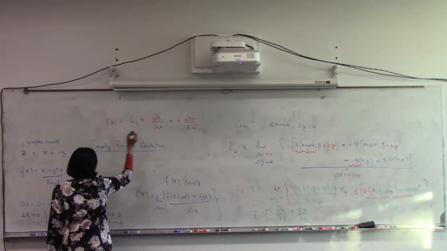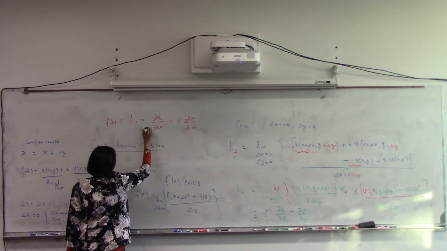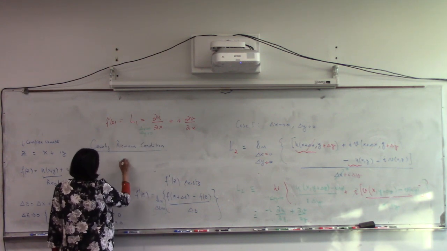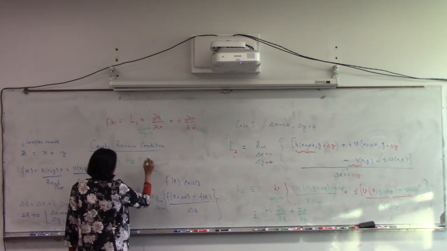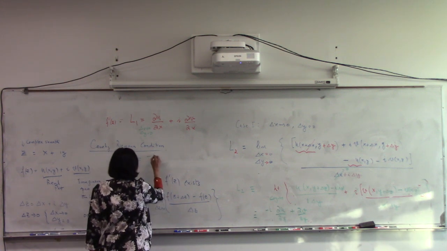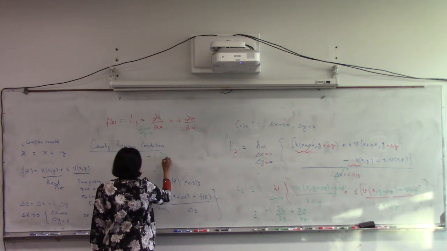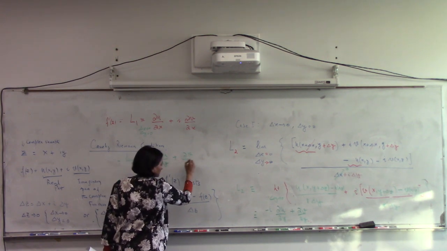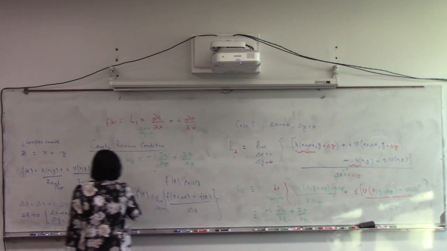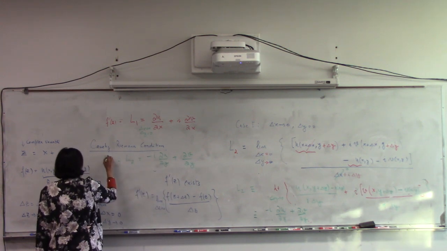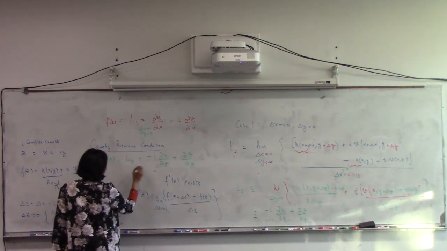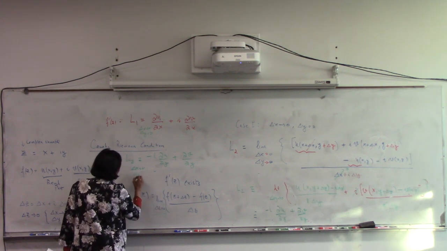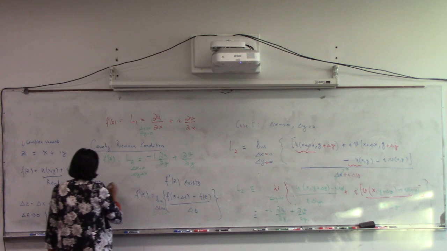So this is when delta x tending to 0, delta y equal to 0, and the other one, L2, is minus i partial u with respect to y plus partial v with respect to y. So this is what we get when delta x is equal to 0, delta y tending to 0.